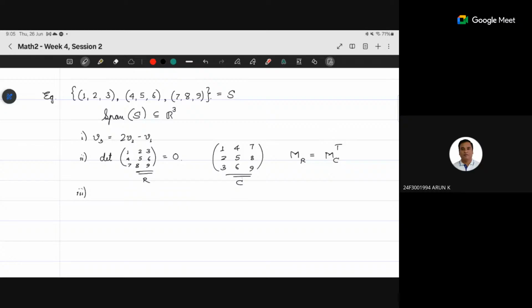Okay, so if it is not equal to the transpose, then we need to arrange by column, right? No, so if you're taking n vectors in Rn, if you arrange it in rows or arrange it in columns, you'll always get transposes of each other. So for the particular context of this problem, it does not matter. Okay.